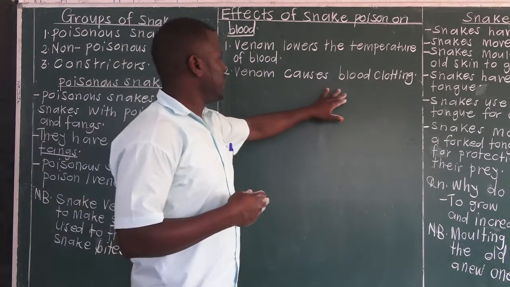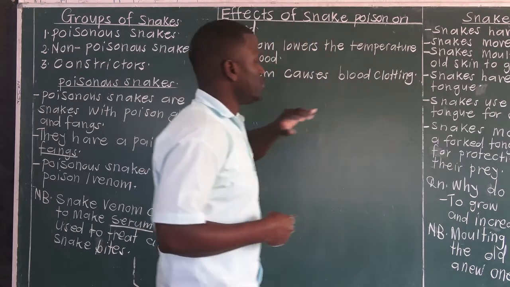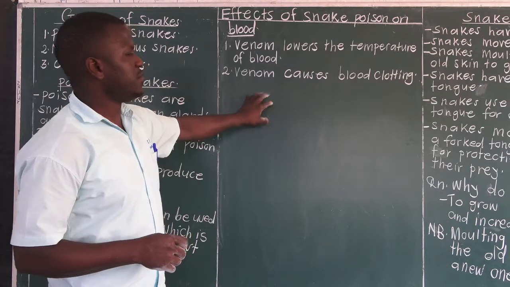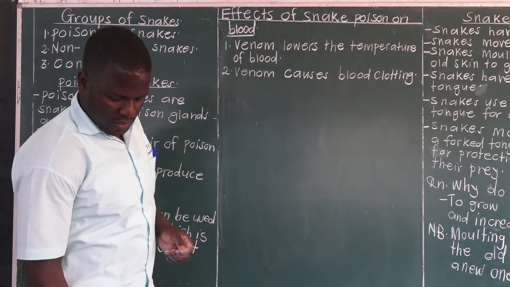When it solidifies, we say it would have clotted, or that's what we call blood clotting. When somebody says you have a blood clot, it simply means part of your blood has become solid.